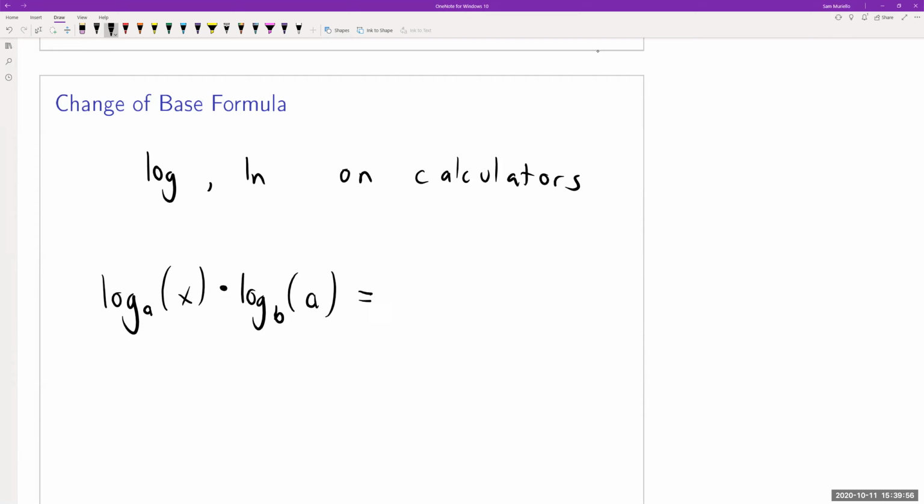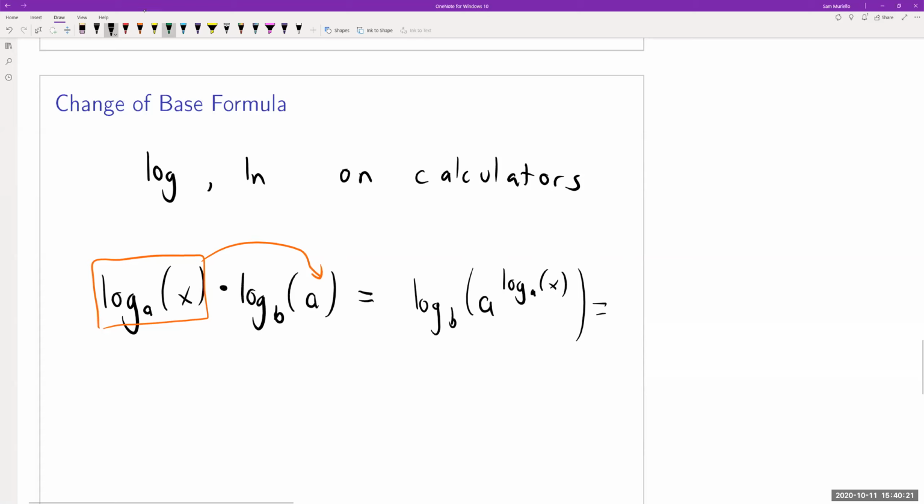Now, using this, we are going to use the exponential property that we mentioned to bring this first log inside as an exponent, yielding log base b of a to the power of log base a of x. And using the inverse property, this piece cancels out, leaving us simply with log base b of x.